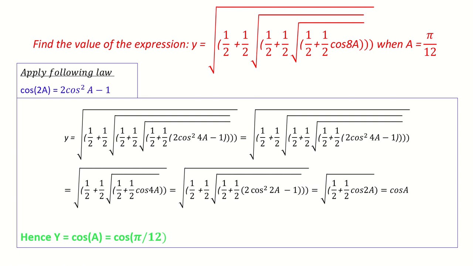Similarly, you reapply the same equation, another square root will go off and you will get 1 by 2 plus 1 by 2 cos 2a. Apply the same rule again and you will get cos a. So the given expression is nothing but cosine of a. And whatever angle a is given, you can apply now, pi by 12 or whatever it is.